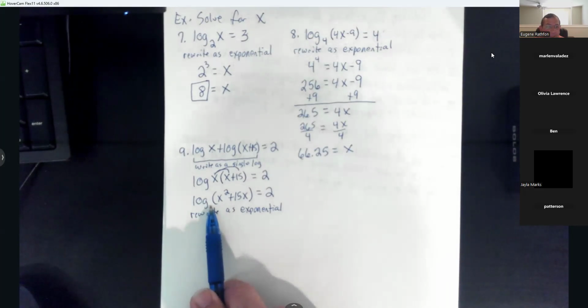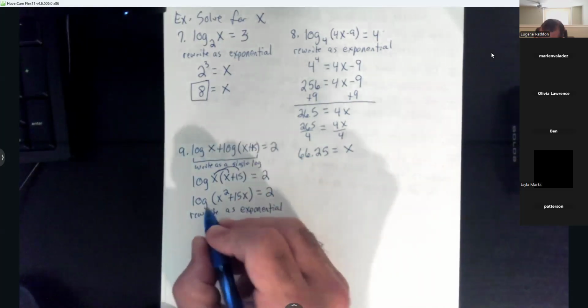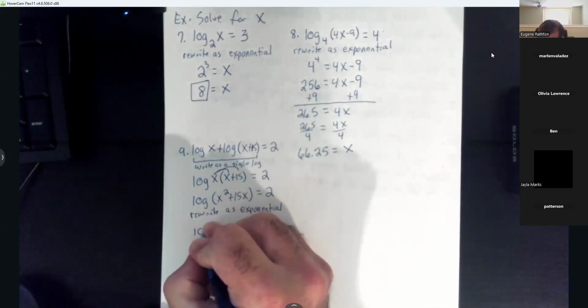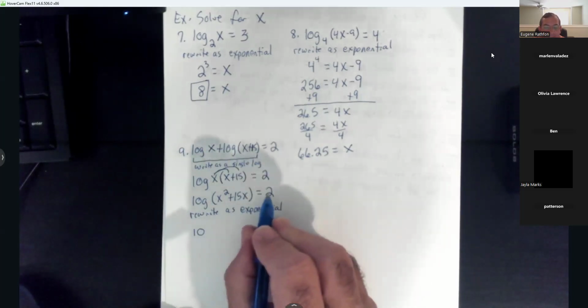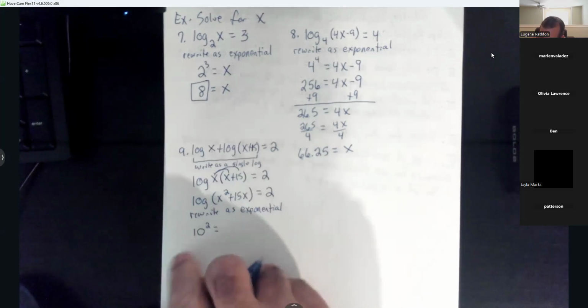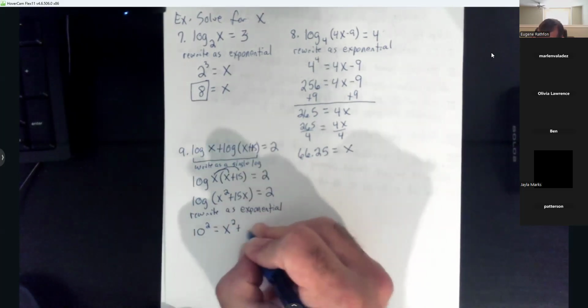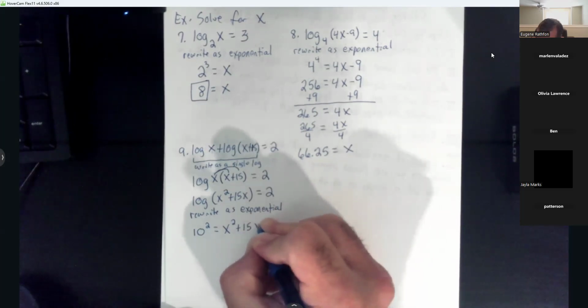I don't have a base here. So what's the base we said when there's not a base down here by that log? What would y'all use? All right, Livy, we're going to use a 10. Good job. So 10 is the base. Exponent is 2. And 10 squared is going to equal the x squared plus 15x.